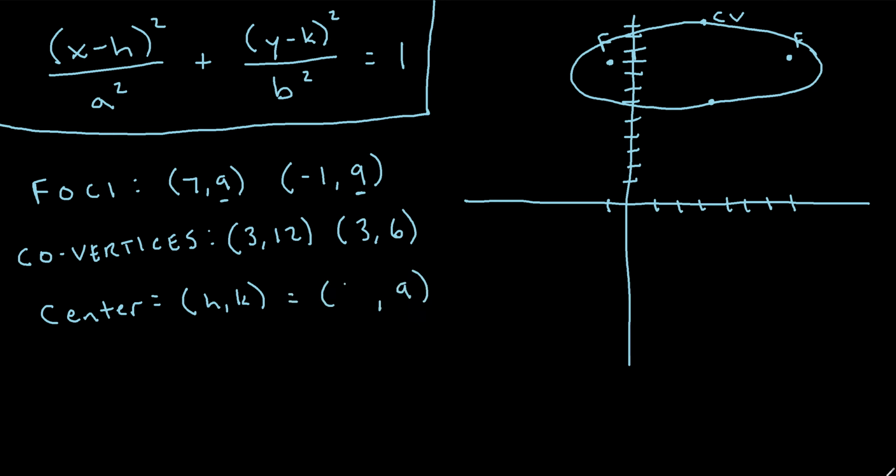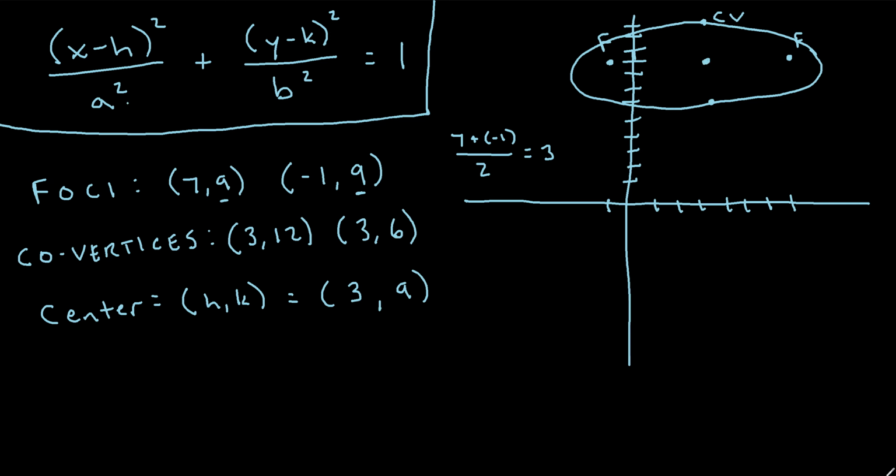To figure out the x-coordinate, we can take the average of the two x values of the foci: 7 plus negative 1, divided by 2. 7 plus negative 1 is 6, and 6 over 2 is 3. So the x-coordinate of the center is 3. So the center is at (3, 9), somewhere right here.